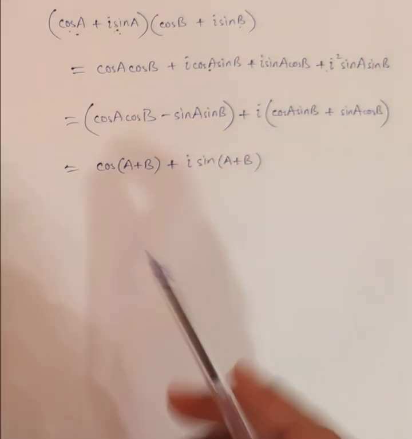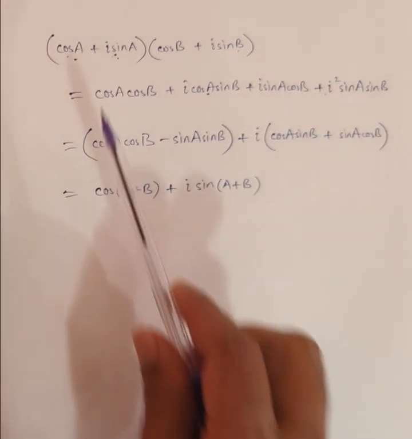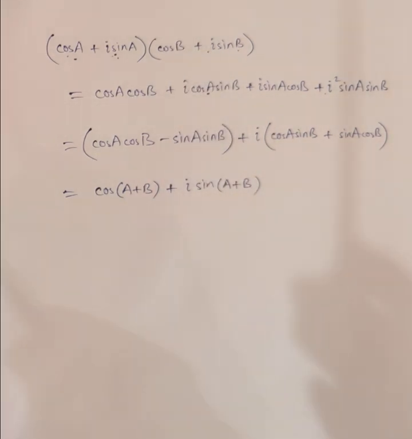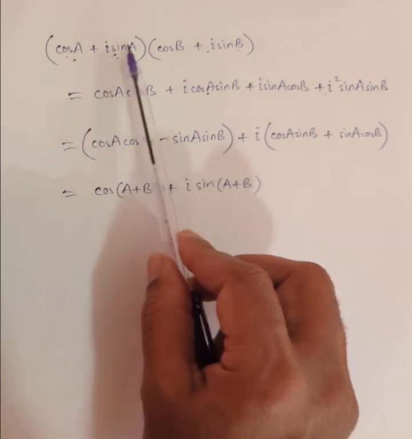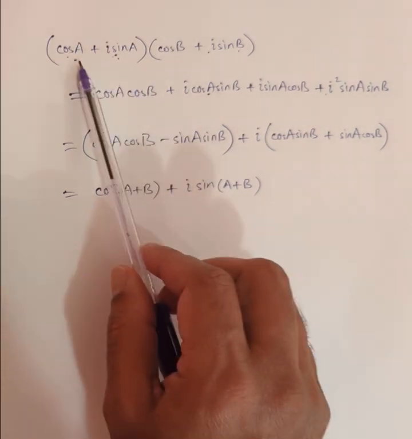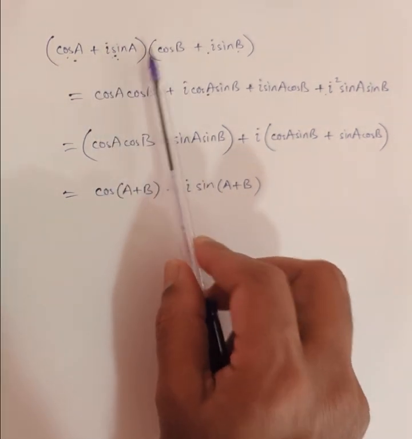So when we multiply two complex numbers on the unit circle, every complex number on the unit circle has this form, cos theta plus i sine theta, where theta is the argument.